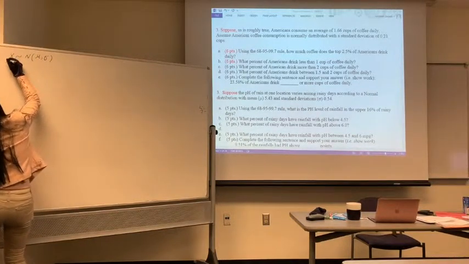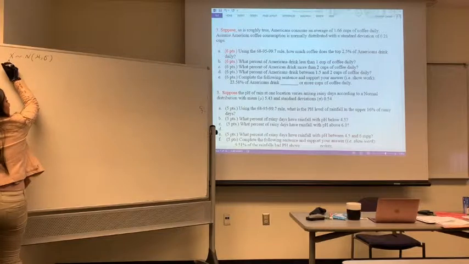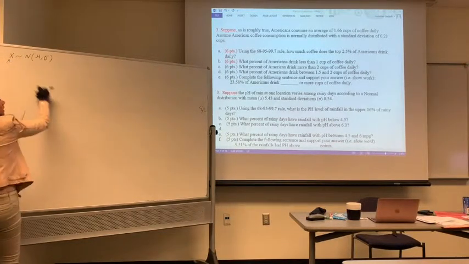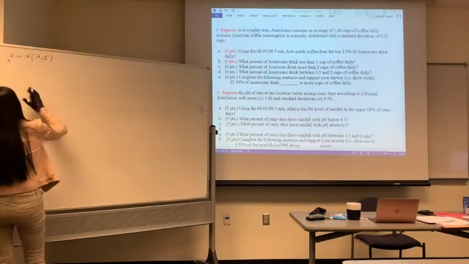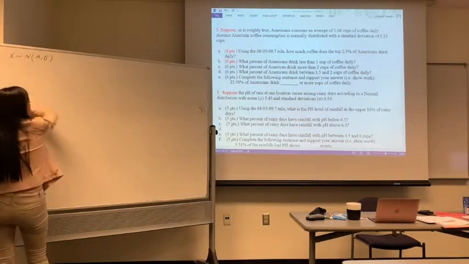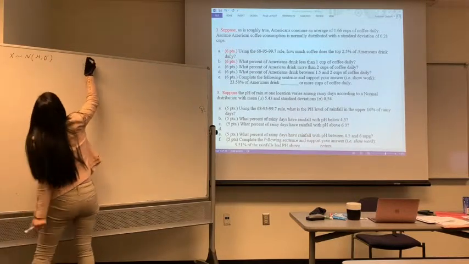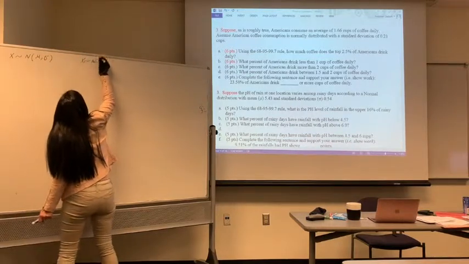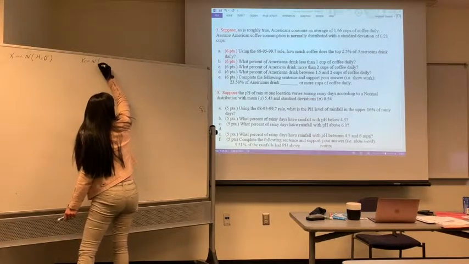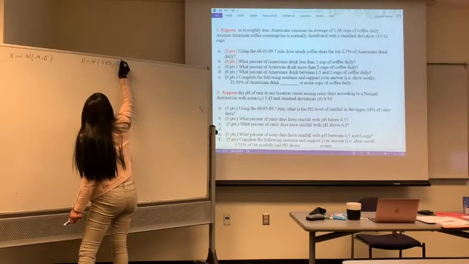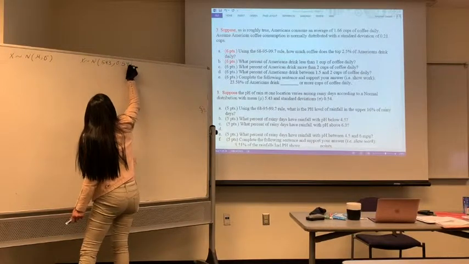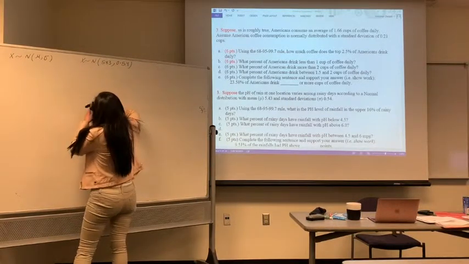So, X is, now you know what X is? It says pH of rainy days, correct? So this will be our X, the level of pH, and the mean for this is 5.43, standard deviation is 0.54, right?